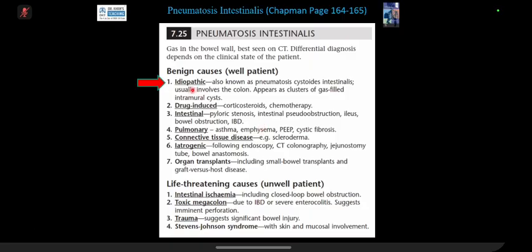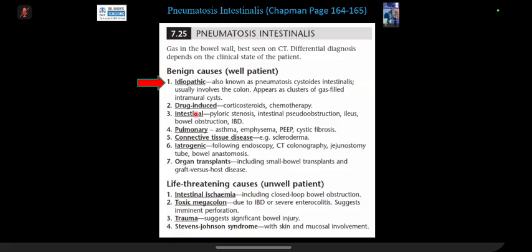Here, this case was idiopathic, and I think the Americans call it primary pneumatosis intestinalis. Idiopathic pneumatosis cystoides intestinalis usually involves the colon, with clusters of gas-filled intramural cysts. It is idiopathic. We don't know the cause.